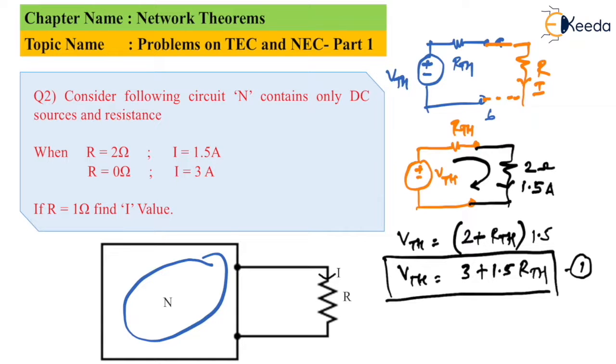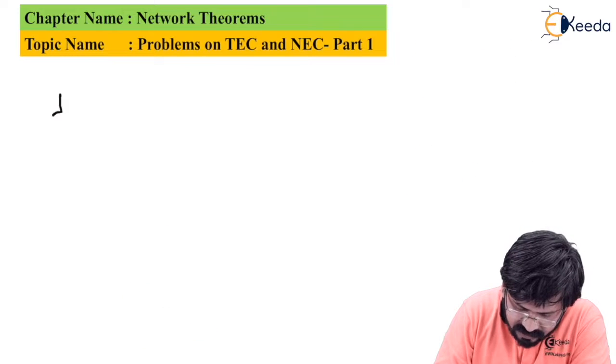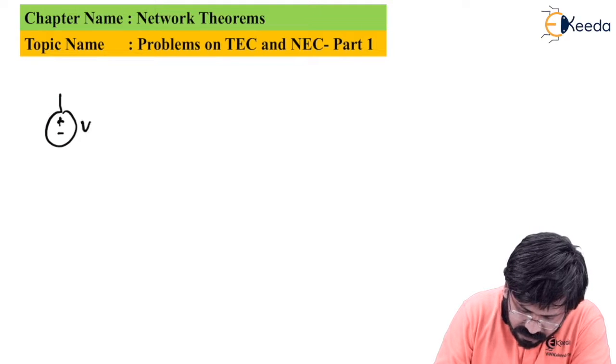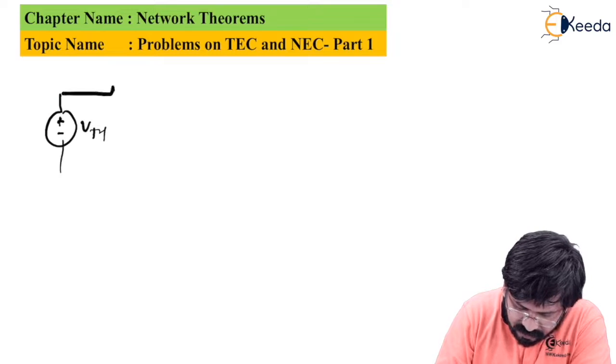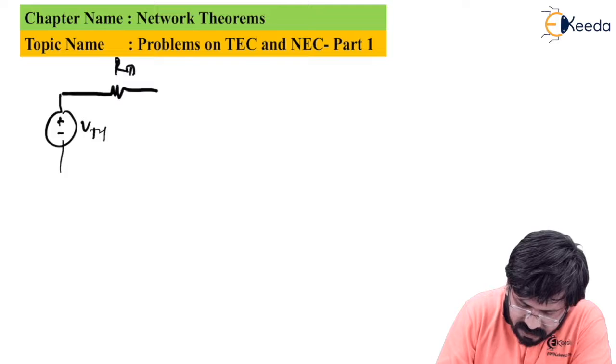Case 2 says when R equal to 0 ohms, the current flowing through that circuit is 3 ampere. R equal to 0 ohms means you have to replace R with a short circuit, and then show the current as 3 ampere for the same network. So you'll get a circuit like this: VTH with equivalent resistance RTH.